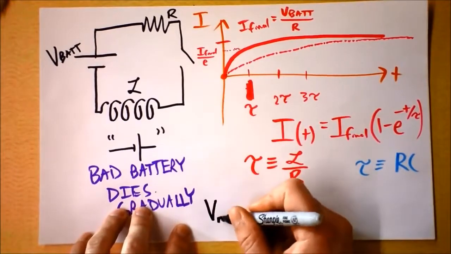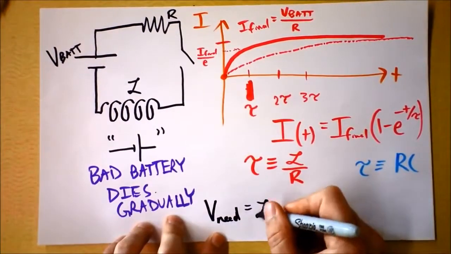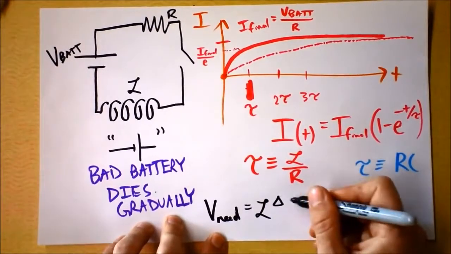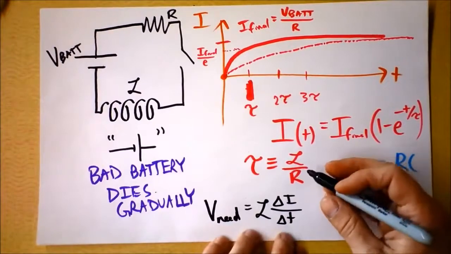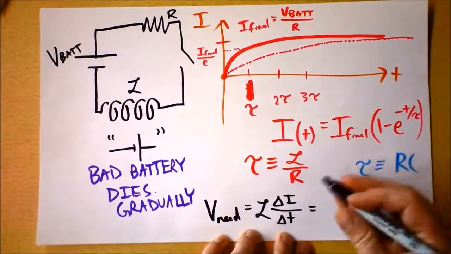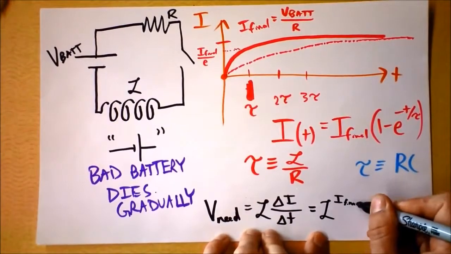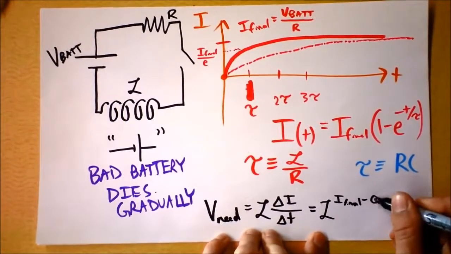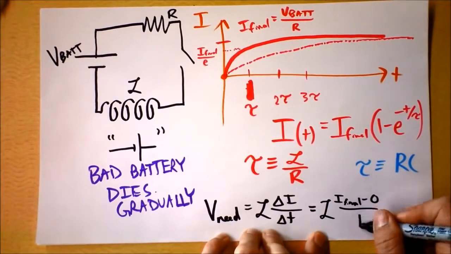We need some voltage, and the needed voltage is the inductance times the current that we want to change divided by time. The change in current is going to be I final minus 0, and the change in time is just the time that it takes to charge.